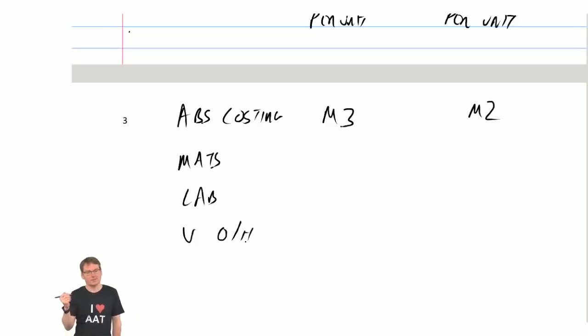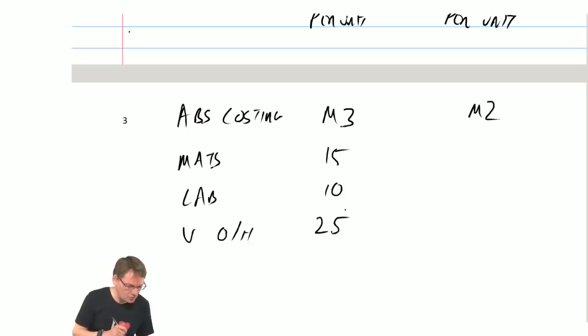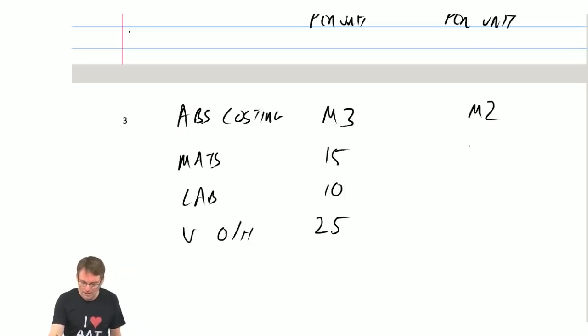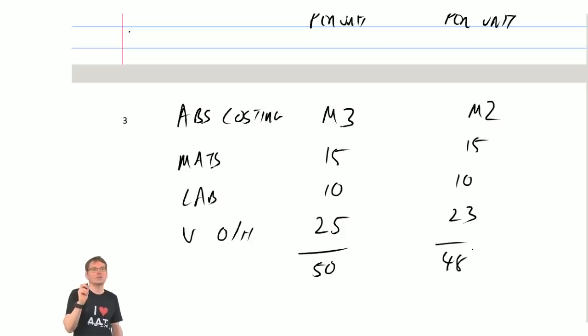That doesn't change. So the materials are still going to be 15 and 10, and in month 3, the variable overheads are going to come to 25 and 23 in month 2. So we've still got 50 and 48. That doesn't change.